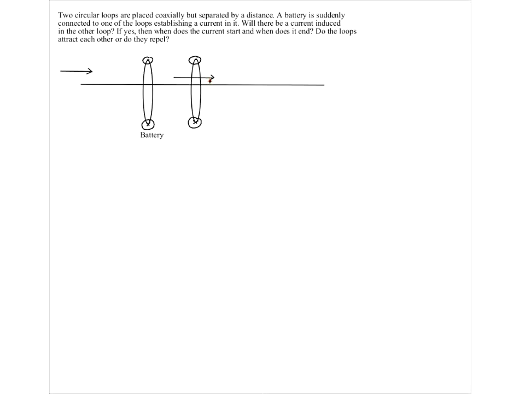So it can't be the same way. It has to be the other way. If it is clockwise to the left, it should be anti-clockwise for the right. If it is anti-clockwise for the left, it should be clockwise for the right.